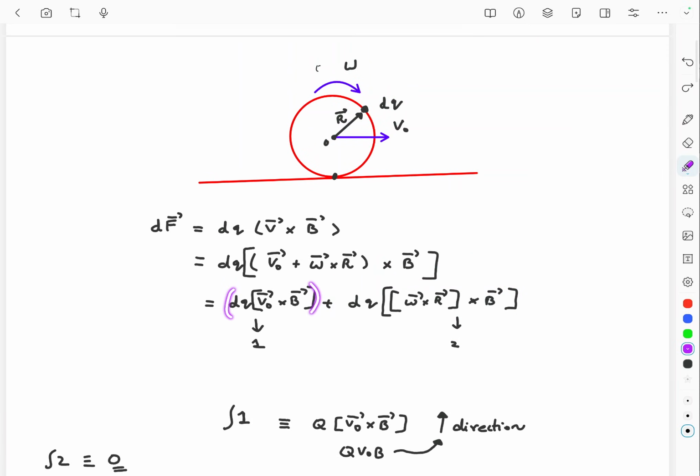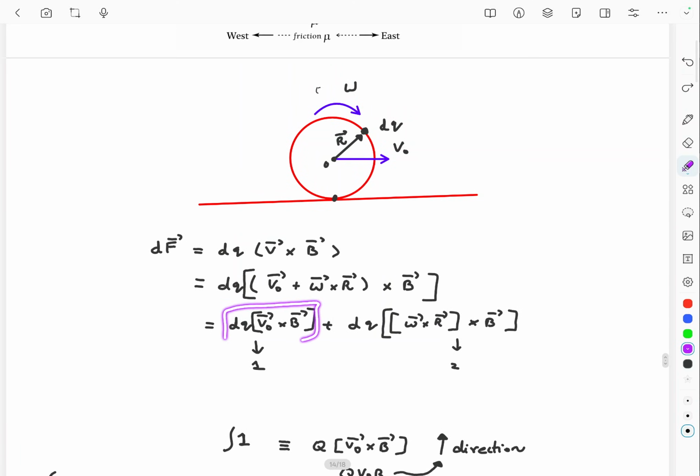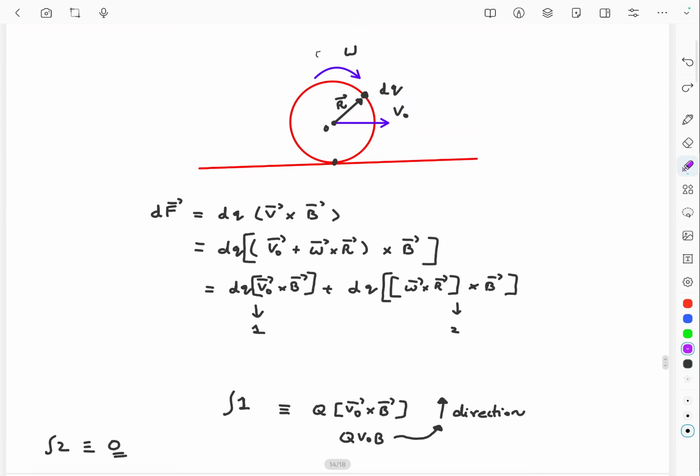Now the first term, dq v naught cross b, is a force that is acting along the y direction. So if I say that on this dq charge the force is, let's say, some df along the y direction, I can easily choose another dq component over here, and here also it will be the same df, right? And it's very obvious why the net torque, if you take these two charges together, about the point O will be 0. So that's why the net torque will also be 0 because of the magnetic field.